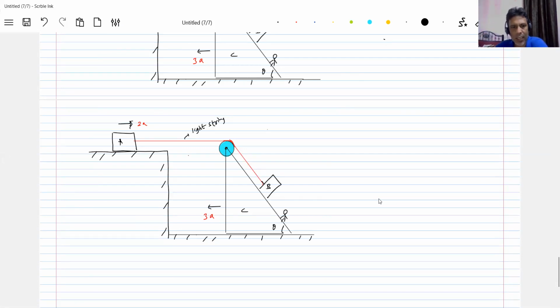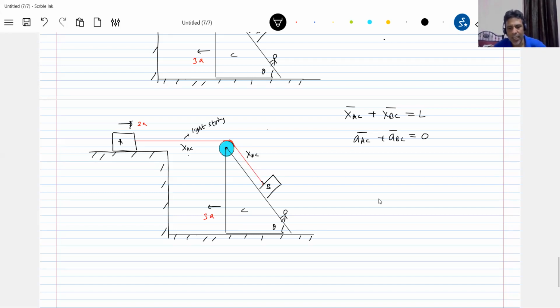Tell me, this length of string I should call XAC, and this should be XBC. I should give the constraint equation, no? The overall length of the string remains the same: XAB plus XBC equal to L. So I'll differentiate: AAB plus ABC equal to 0. What is AAB? Acceleration of A with respect to C.